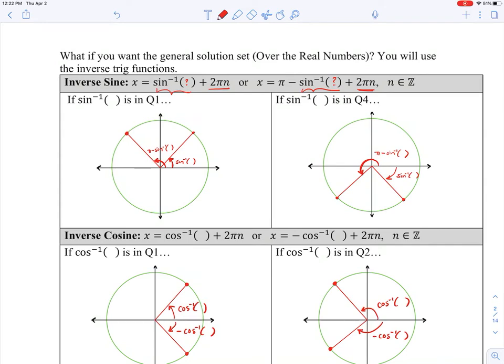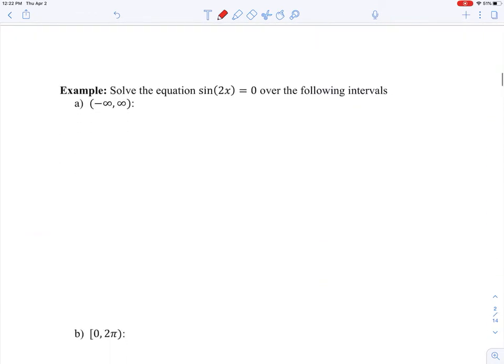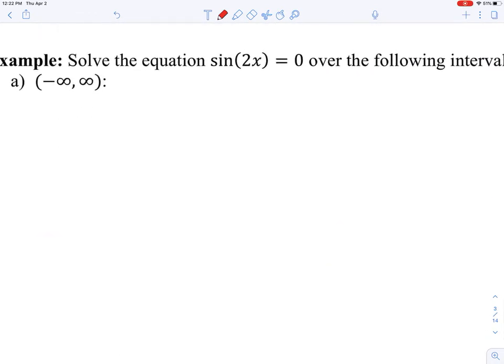You can just use this method to come up with the general solution set, which you will often need. But then if you needed to solve over an interval, you could just use the general solution set to help you come up with all of the values over an interval. So let's look at this next example.